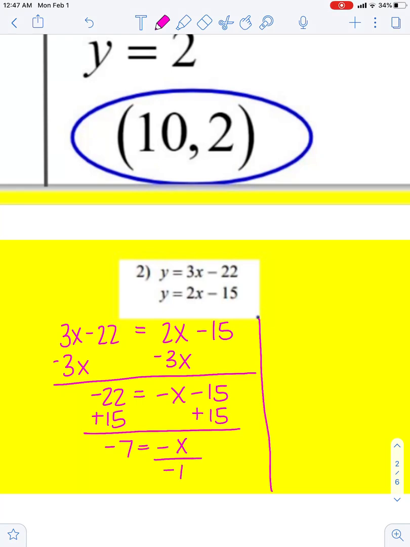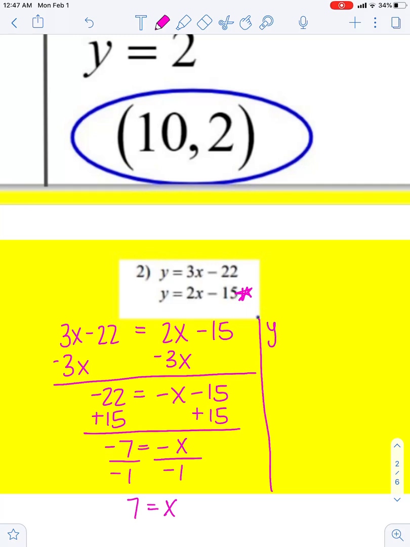I'll divide by negative 1 on both sides, and this will give me 7 is equal to x. So if 7 is equal to x, I'm going to use this equation right here and plug that in for x.